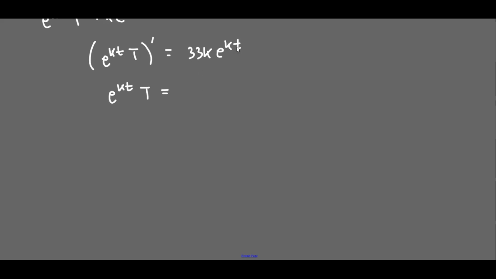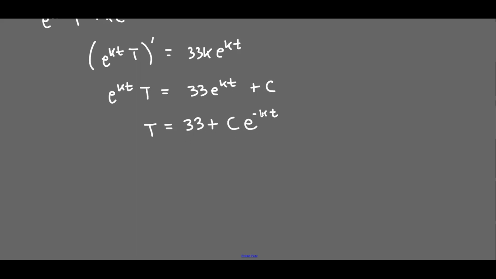So the antiderivative of the right side will just be 33 e to the kt plus c. And then solve for T. We can multiply by e to the negative kt, and we'll get 33 plus c e to the negative kt. That's little t for time.